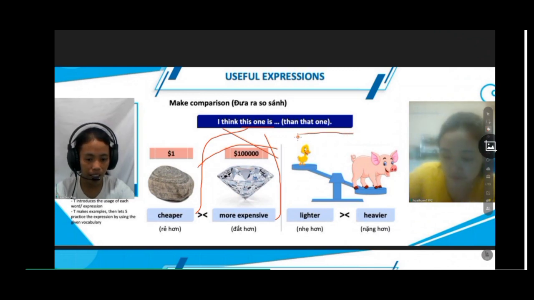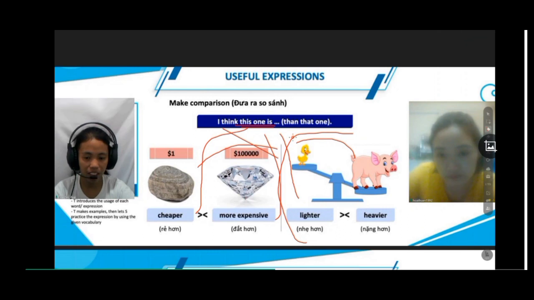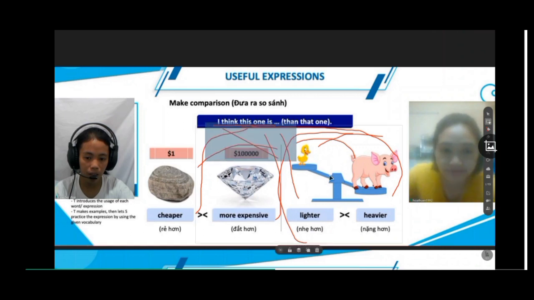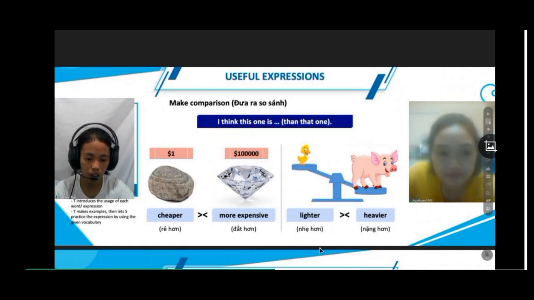How about in the next picture? I think this one is lighter than that one. And you can actually say that I think this one is heavier than that one. Okay? You make comparison about the two things you are looking for.